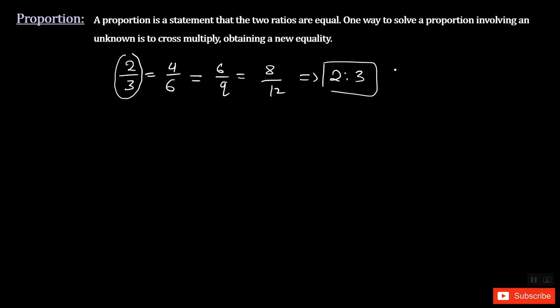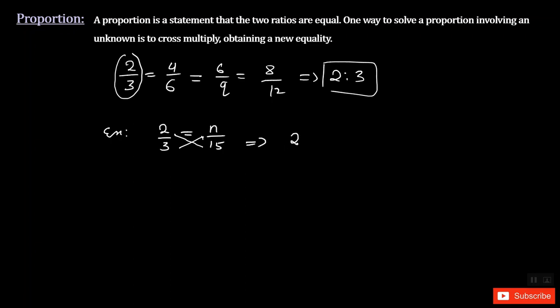Now, one type of question we expect related to proportion is finding the value of an unknown. Let's take an example. 2/3 is equivalent to n by 15. So what is the value of n? Just do the cross multiplication.